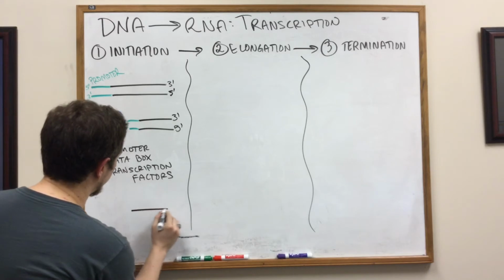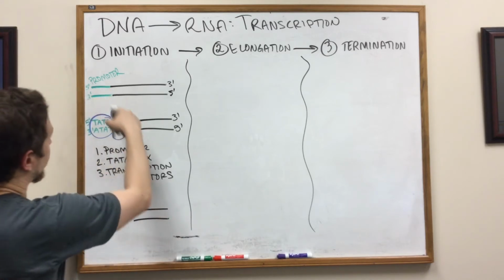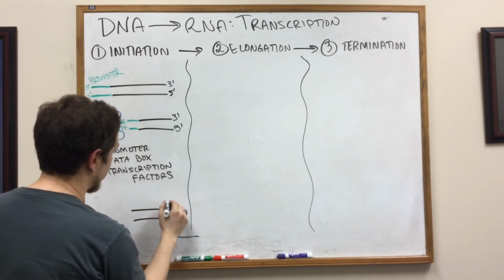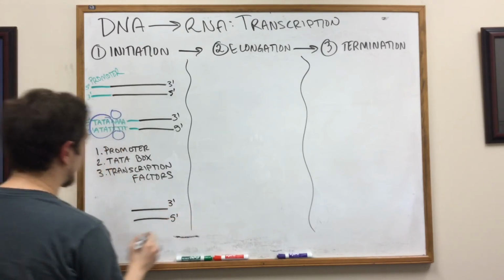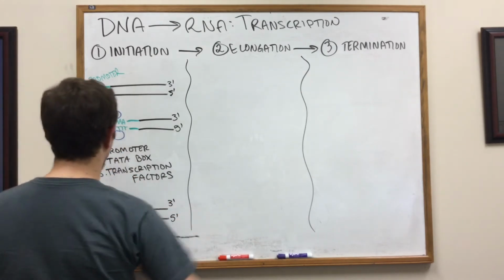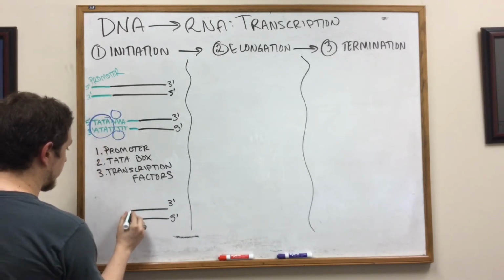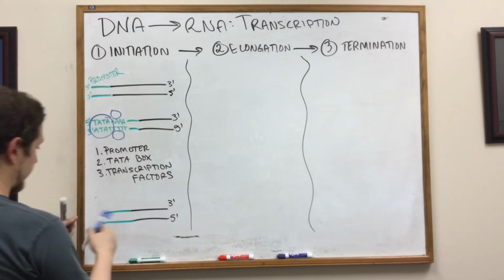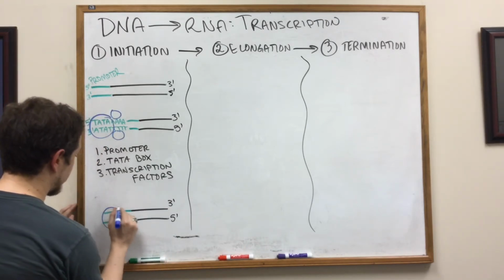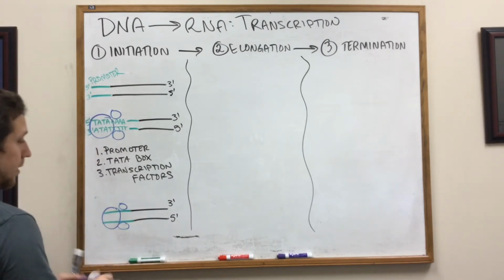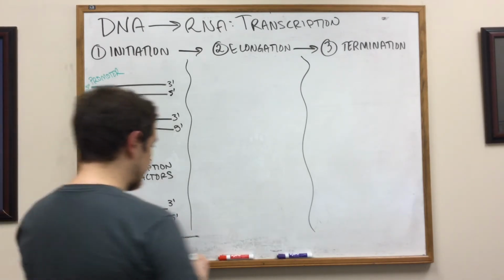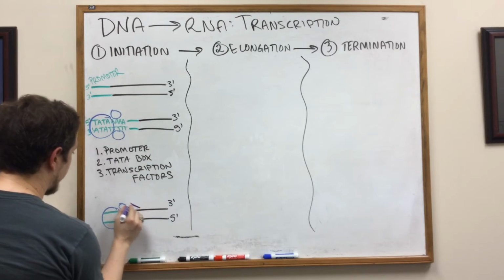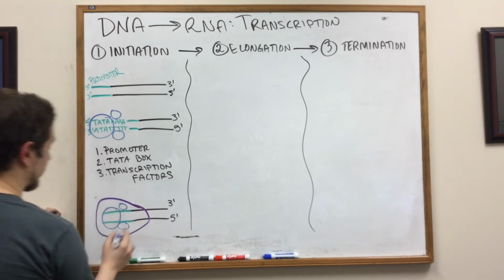And this is going to be achieved. So I'm going to redraw the promoter and the TATA box like this, just so you understand. Here is my promoter. And then here are my transcription factors attached. And when I have all of these things together, that is going to ultimately recruit RNA polymerase 2.